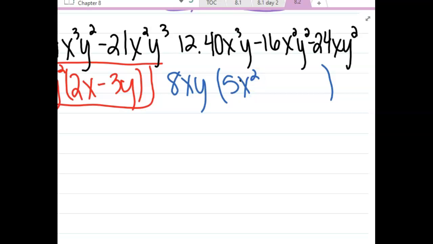And then the y, you wouldn't need a y there because we factored it out. 8 times minus 2, x times x, y times y. And then 8 times a minus 3. The x I factored out, and then y times y, you would have a y left there.